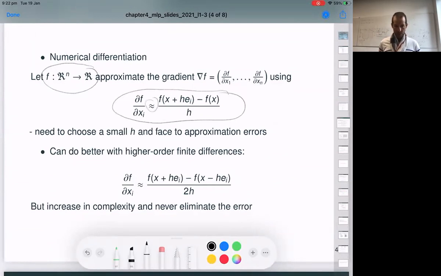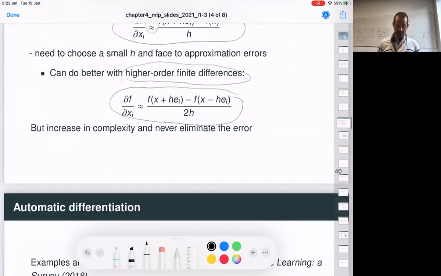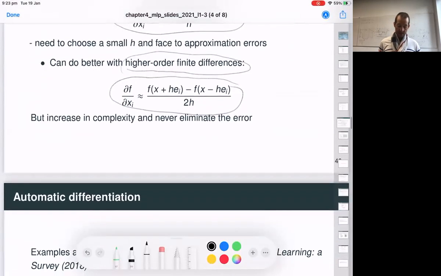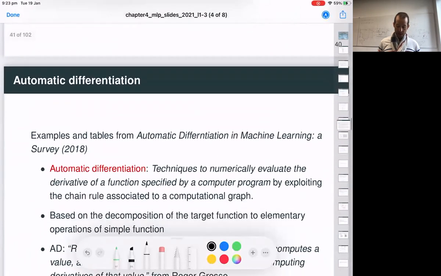You can control this approximation, but your derivative will still have an error, and you can do better with the higher order finite difference, so you can compute the derivative like this. So this is the numerical solution. But in fact, in deep learning, we don't use this either because it increases the complexity and you still have an error.